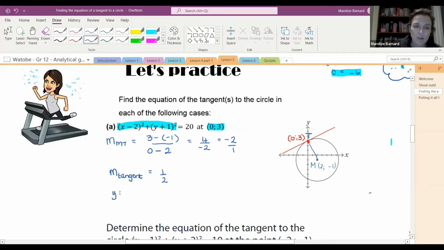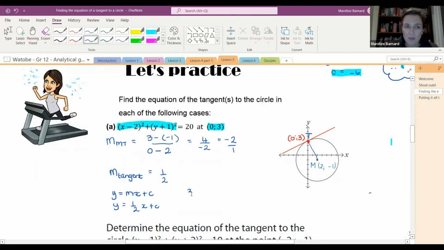Lastly, we use y equals mx plus c to find the full equation of the tangent. I already have my m, my gradient, so that's a half. And I sub in my point where the line is tangent to the circle. And we sub that in so that we can solve for c.